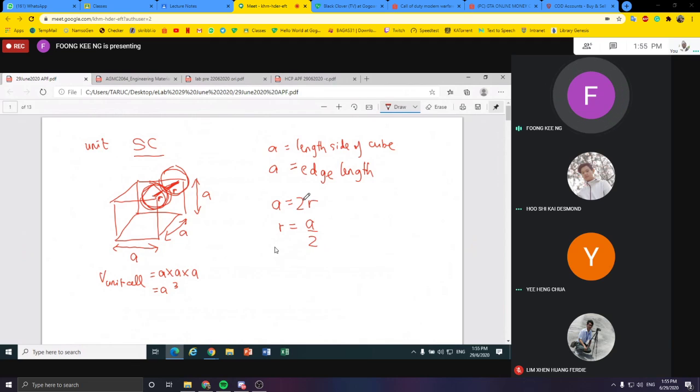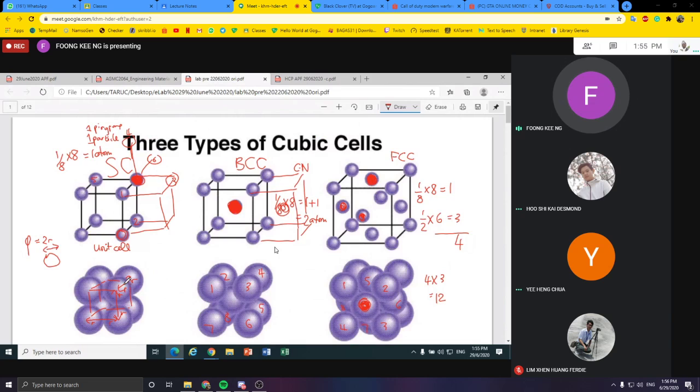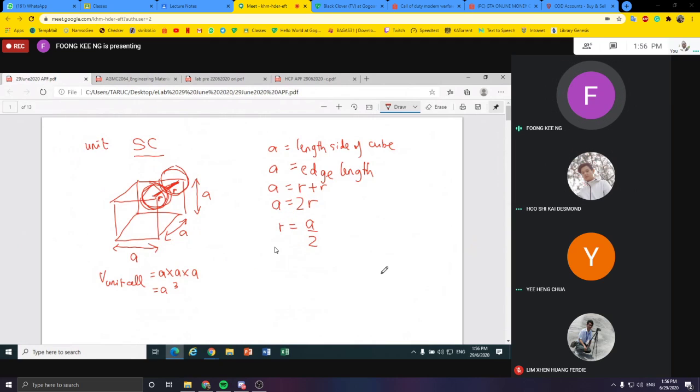How do I know A equals 2R? The edge length equals R plus R, because the two atoms, if you look back at my diagram, are clearly touching. Is it touching or not? It's actually touching there. Follow?